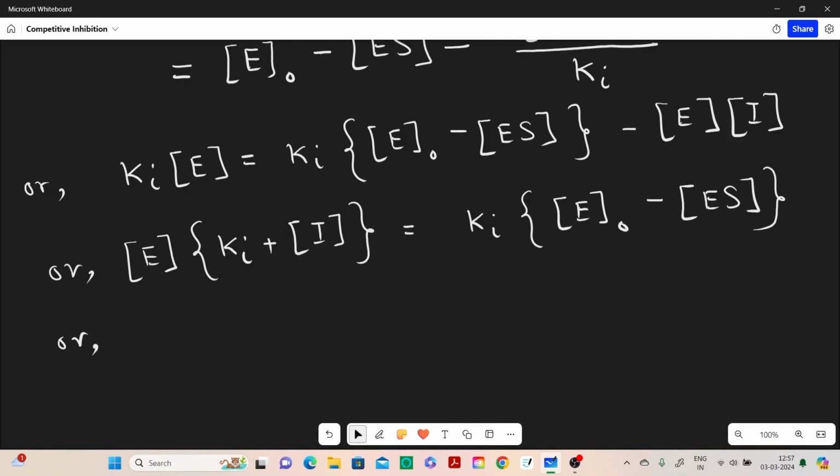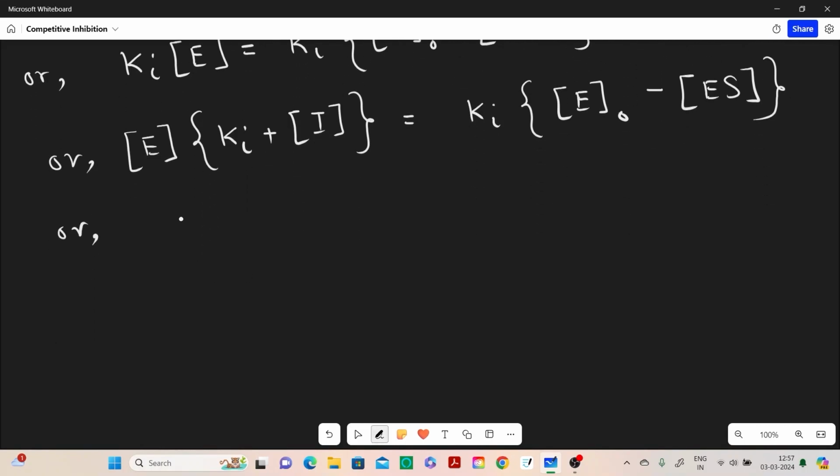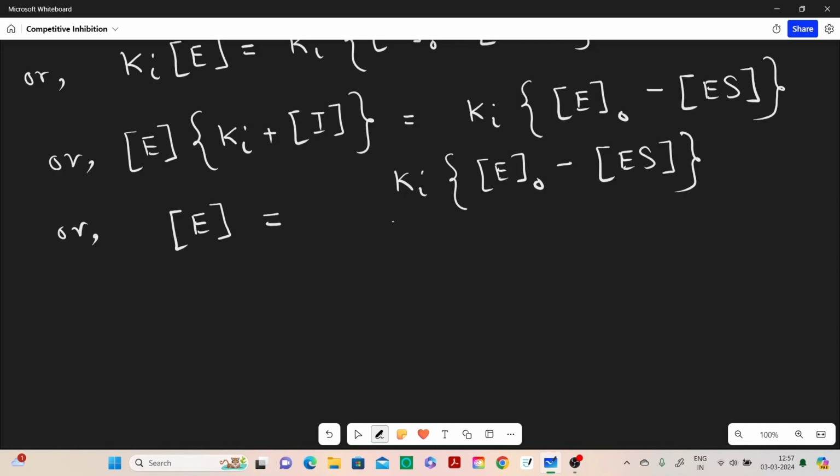Or we can write down the amount of free enzyme available for the reaction as Ki into E naught minus ES divided by Ki plus the concentration of the inhibitor.